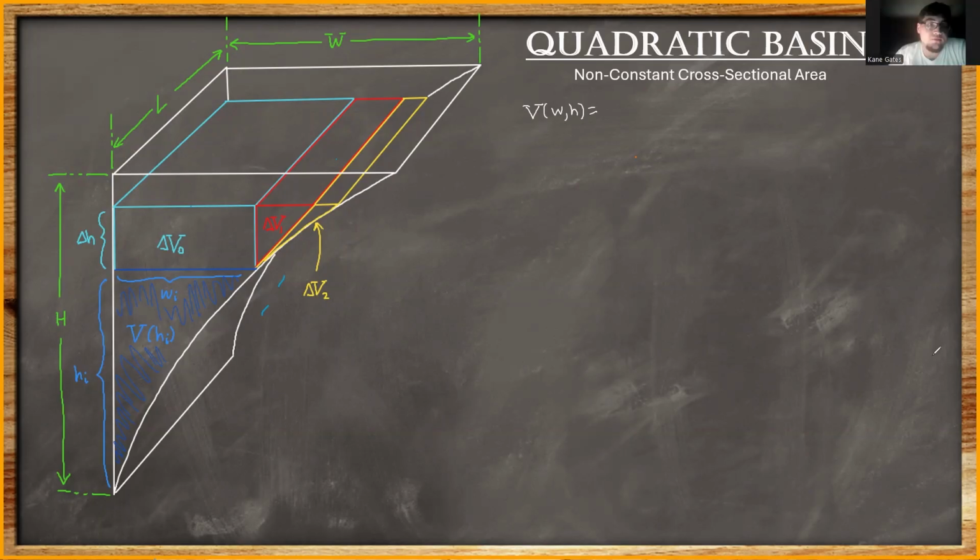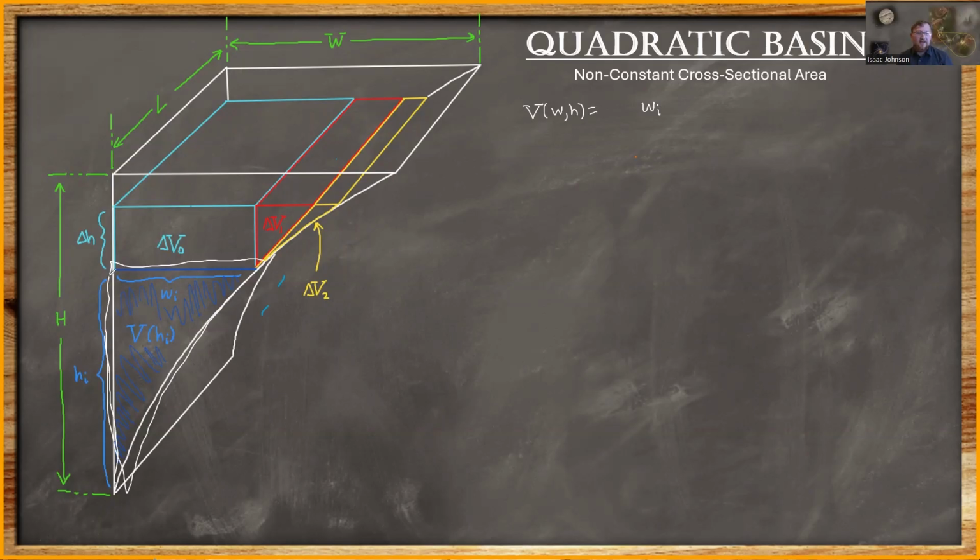Isn't it H sub I or 1/2? No, sorry, it's H initial plus delta H, times width initial plus delta W. By the way, I'm asking for absolute volume at this point, not change.